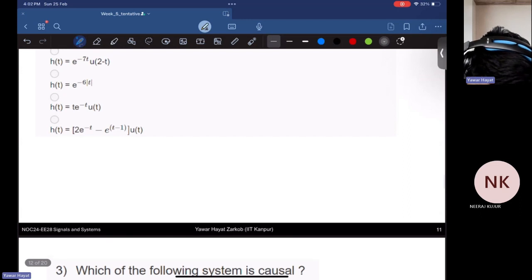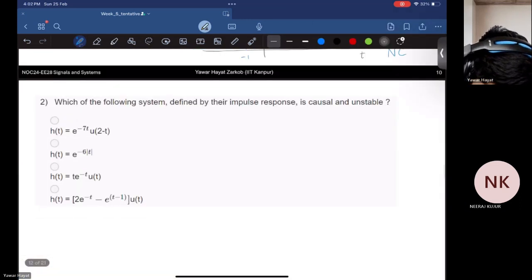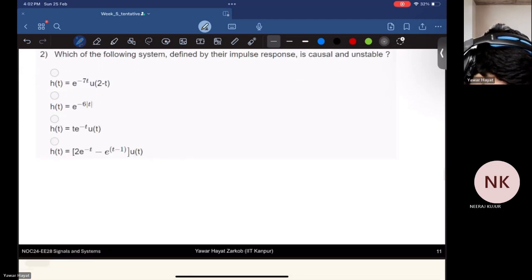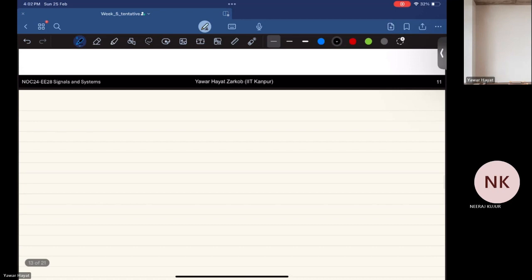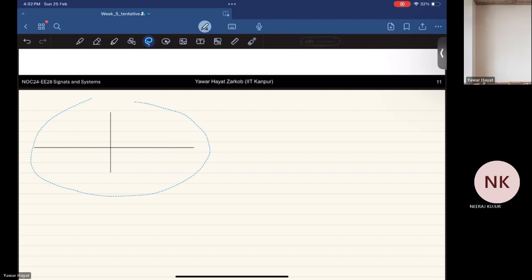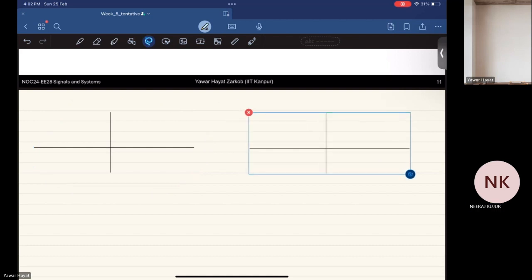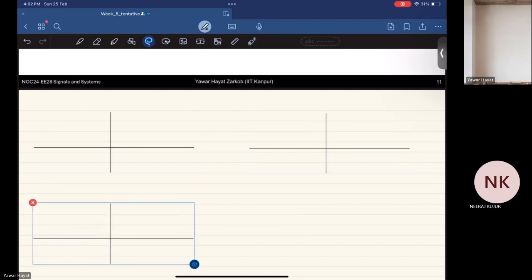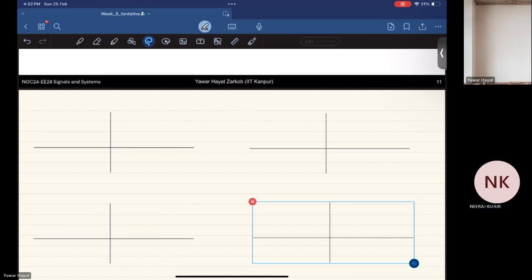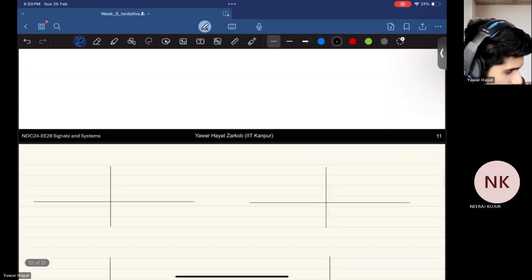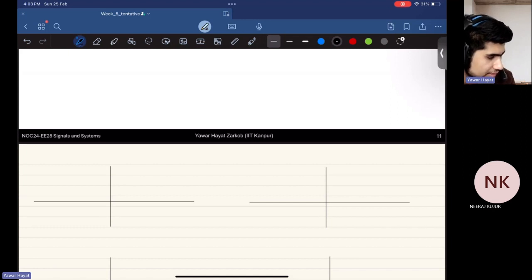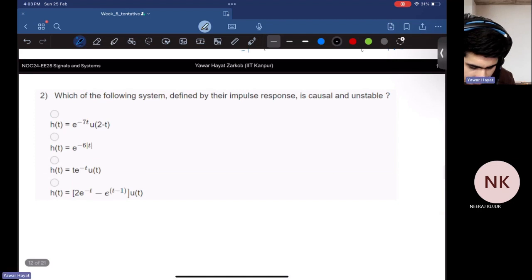Let me take a separate page. Okay, the first one is e to the power minus 70 u of 2 minus t, right?